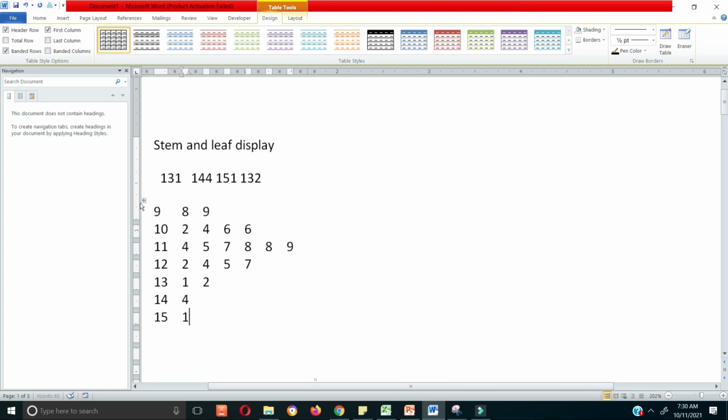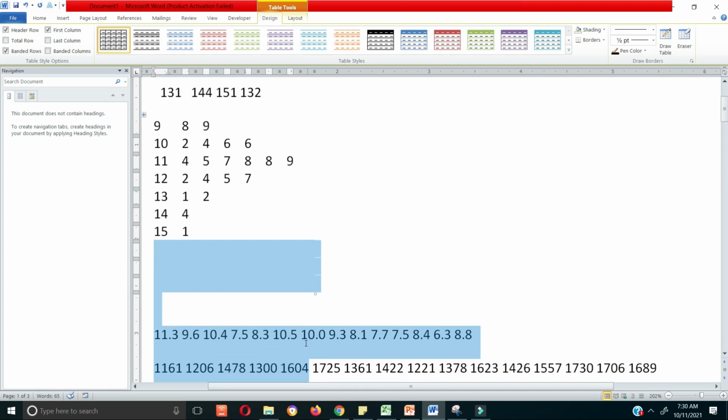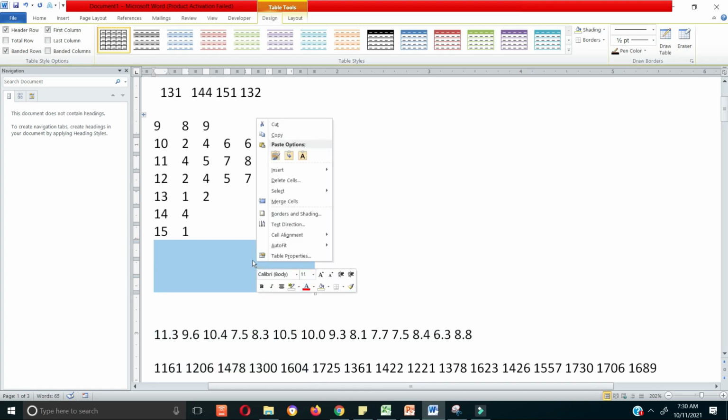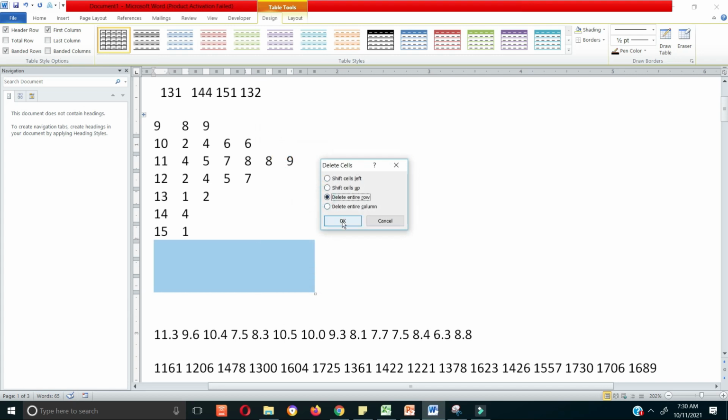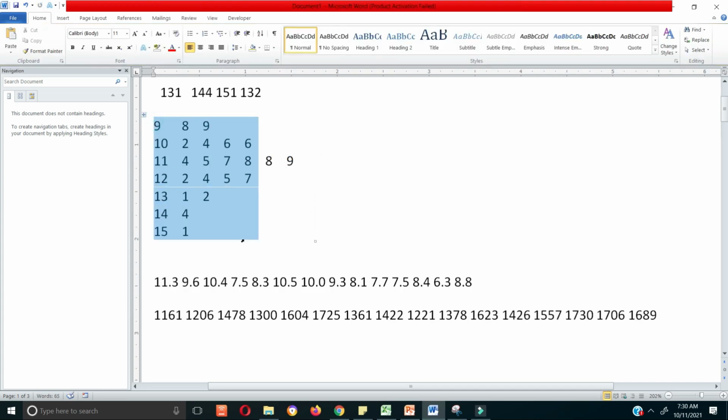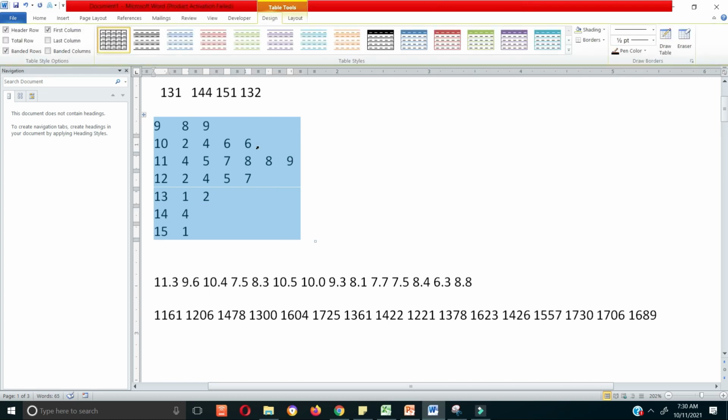So if you look at this, let me get rid of the extra rows. If you look at this now, this actually looks like a frequency. It looks like a bar graph, right? So this is how you do a stem and leaf diagram.